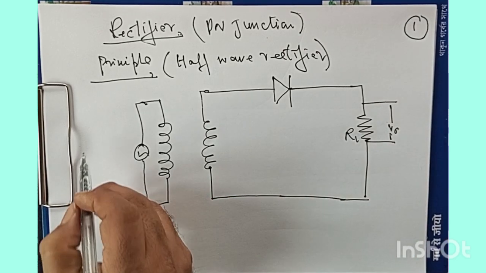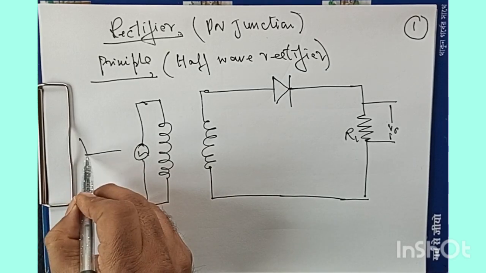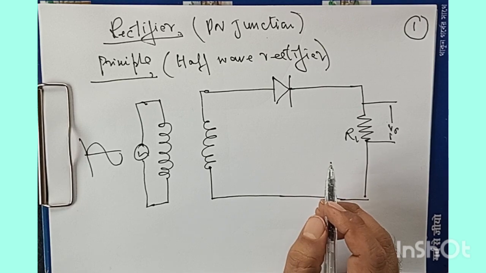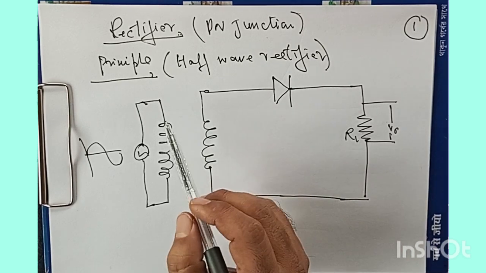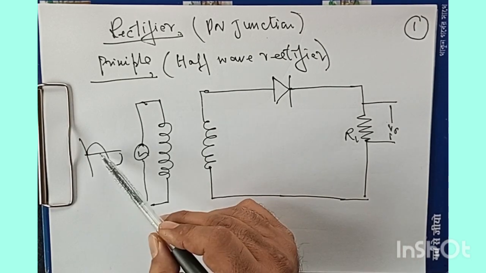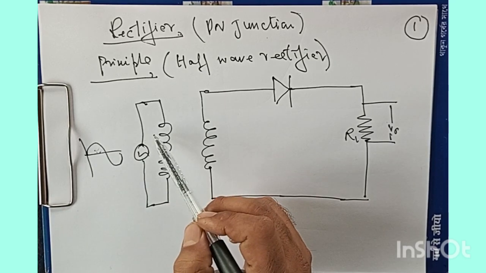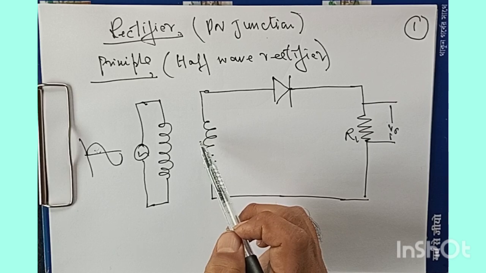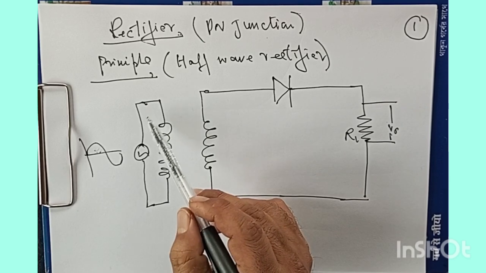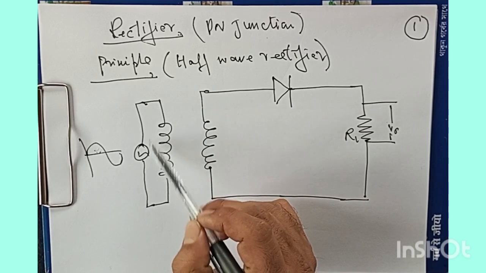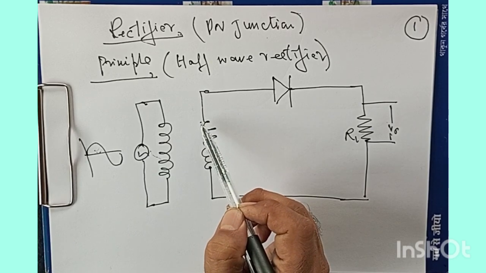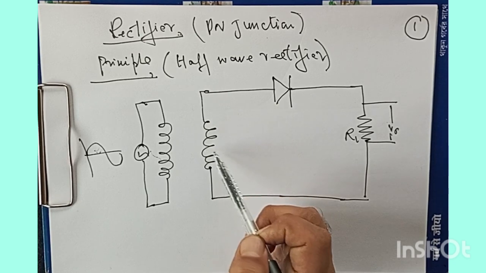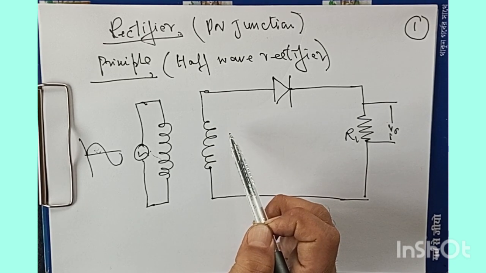We have an AC signal, right? It has a positive half and it has a negative half. So when the positive half cycle of the AC input signal flows through the primary coil, an EMF is set up in the secondary coil due to mutual induction.